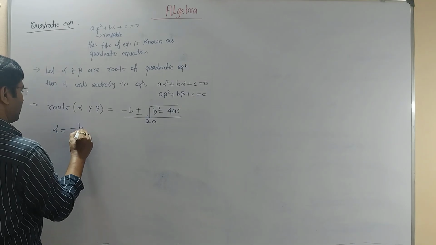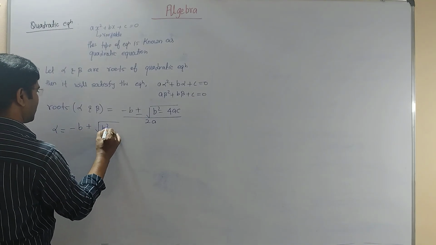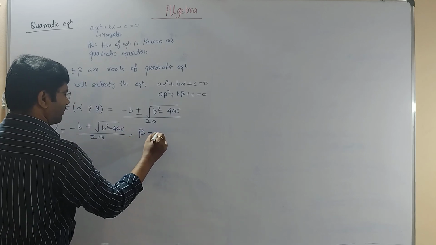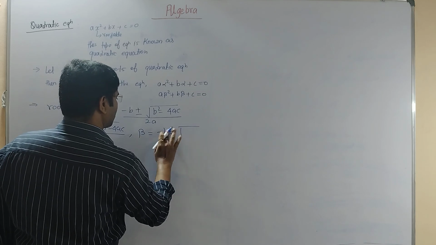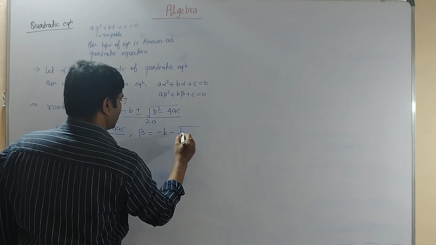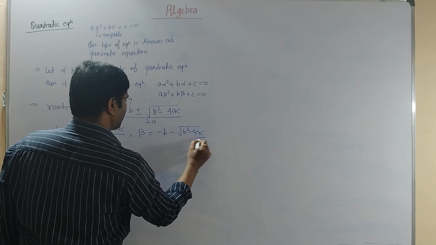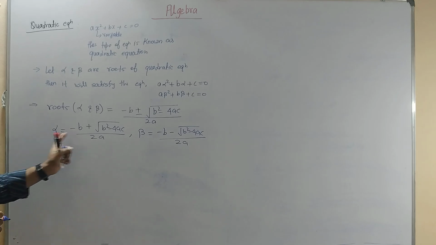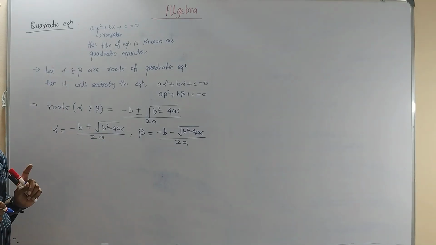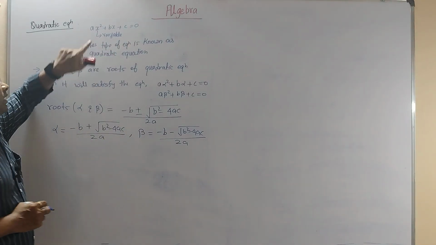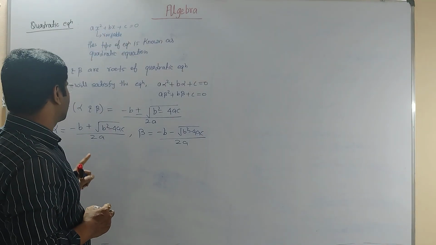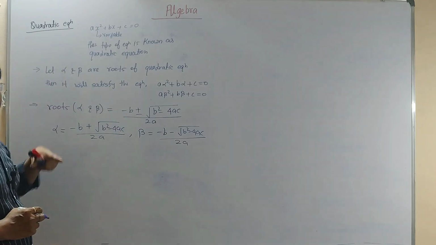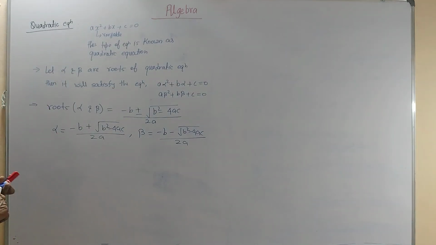One root is minus b plus under root b square minus 4ac upon 2a, and the other is minus b minus under root b square minus 4ac upon 2a. These are the roots of the quadratic equation. If a, b, c are constants, we can find the alpha and beta values, and they will satisfy the equation.